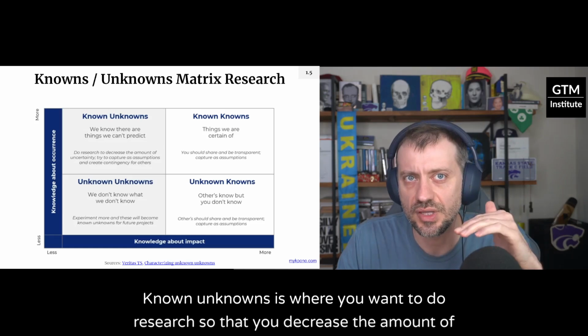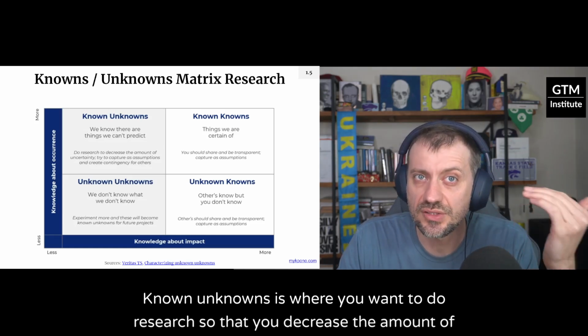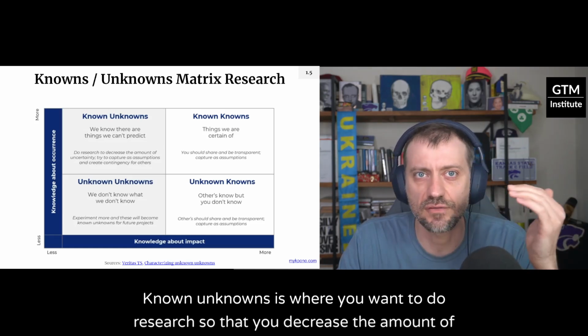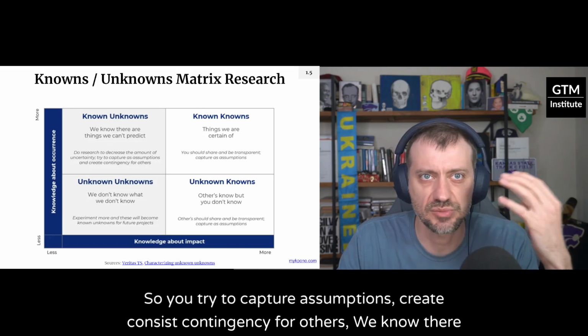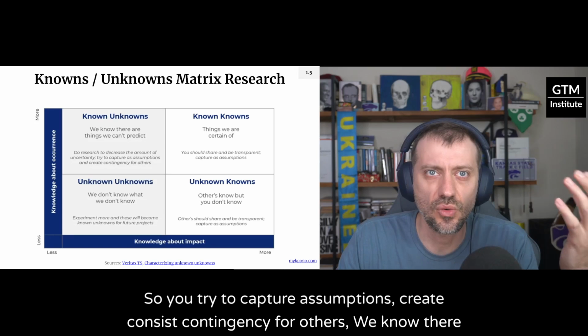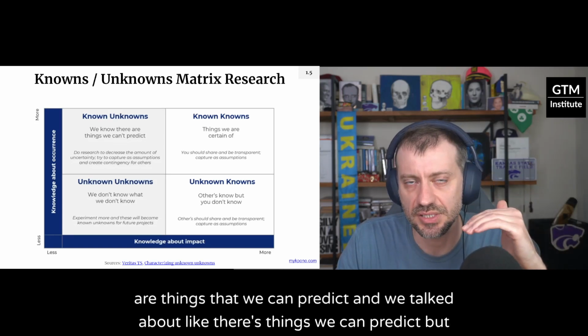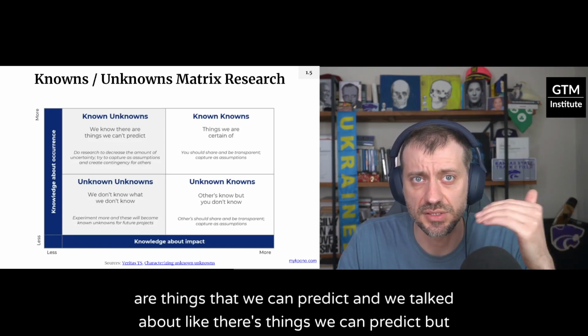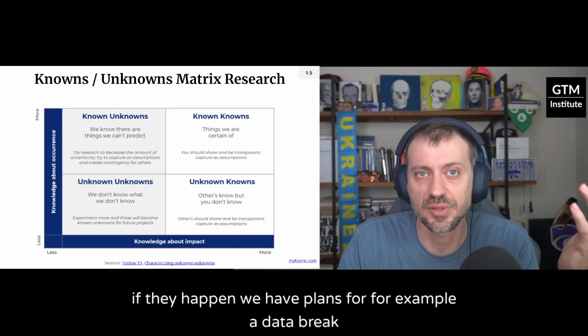Known unknowns is where you want to do research so that you decrease the amount of uncertainty. You try to capture assumptions and create contingencies for others. We know there are things that we can't predict, but if they happen, we have plans for them.